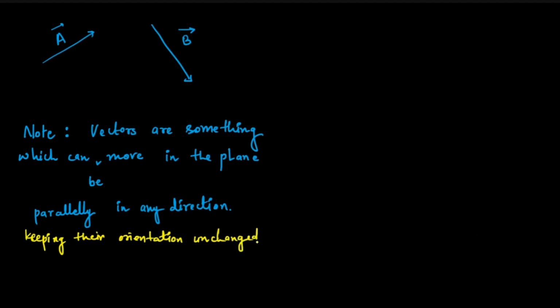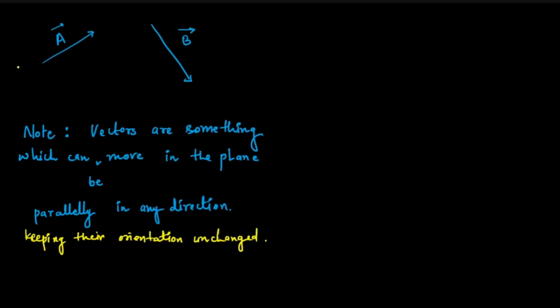Now, what do I mean by orientation? Orientation means, if I assume these two vectors are making a certain angle with the x-axis, let's say, this angle should not change.